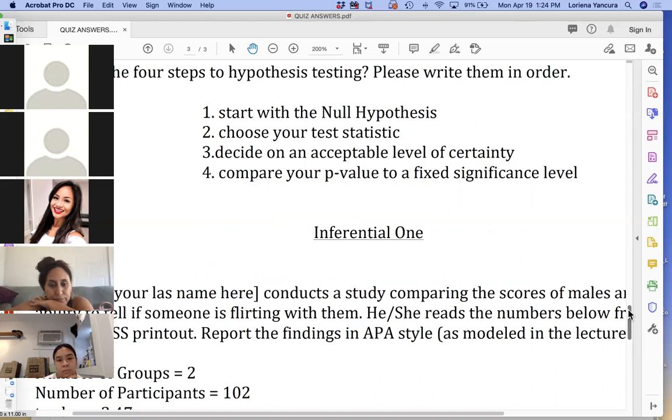Start with a null hypothesis, which means you are assuming that there is no relationship between your variables if we're talking about an R, or no difference if we're talking about a T. You start out saying there's no relationship. Then you're going to choose your test statistic. And whatever you choose depends upon what you're asking.